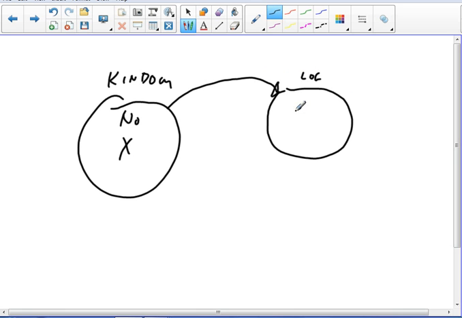And in the land of log, we're going to only add. So we take our numbers in the no multiply kingdom, numbers A and B, and send them over to the land of log, and we have log A, and we add it to log B, because the king says we can't multiply, right?